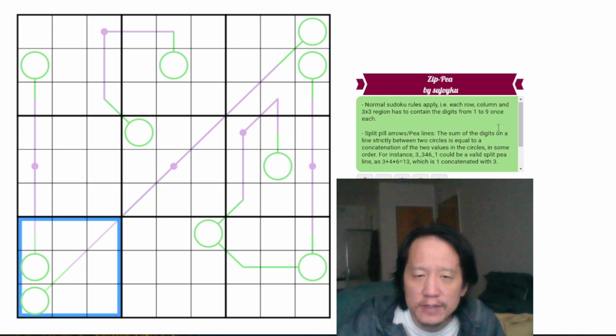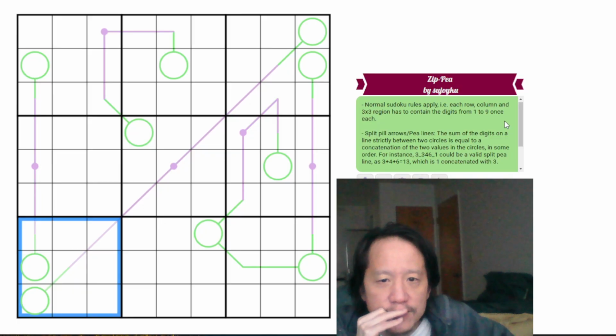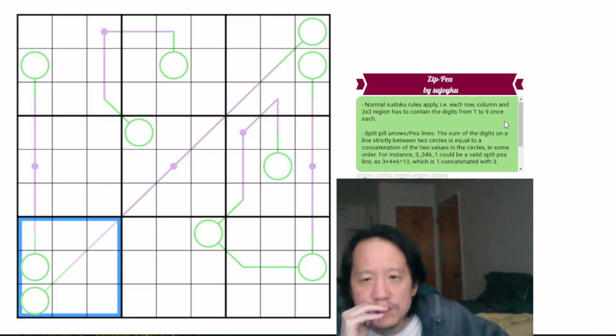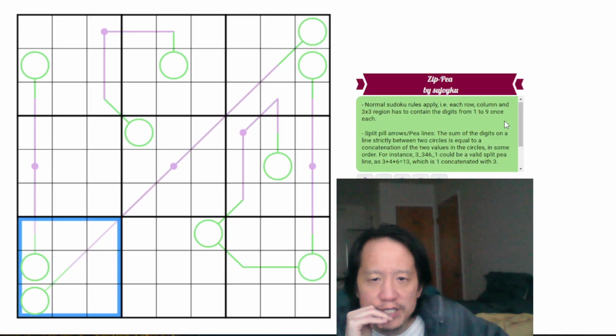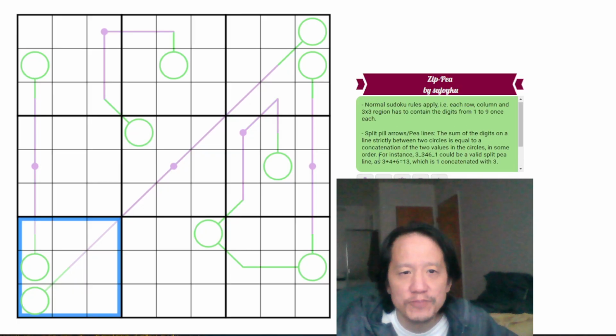For instance, 3, 3, 4, 6, and 1 could be a valid split P line, as 3 plus 4 plus 6 equals 13, which is 1 concatenated with 3.